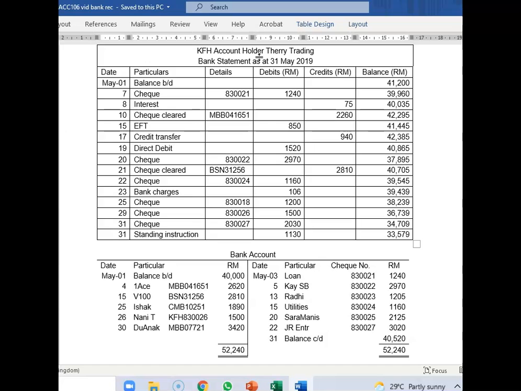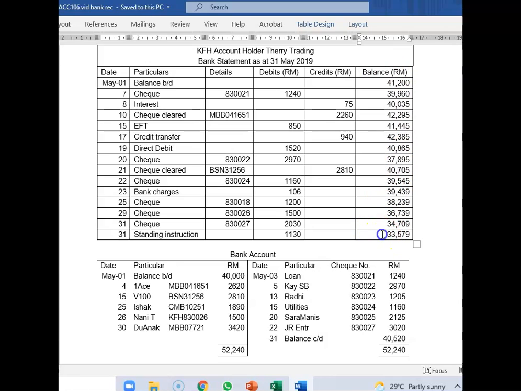So it's a bit different. Debits mean money outflow, and the credit side means money inflow, duit masuk, debit duit keluar. This is for the bank statement. Okay, and we have the column of balance.